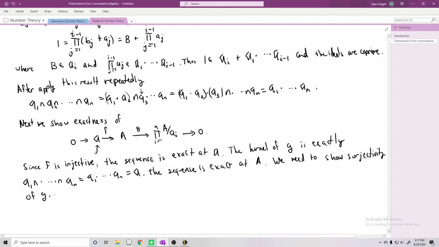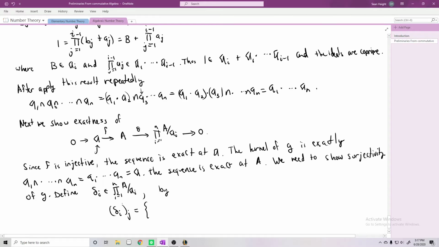So I'm going to define an element delta sub i in this product. It's going to be defined by the following conditions: delta sub i sub j, the jth component.